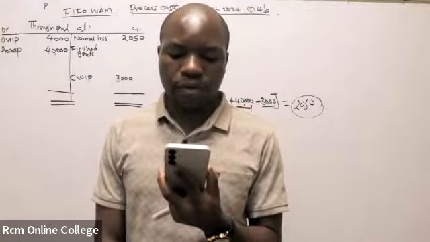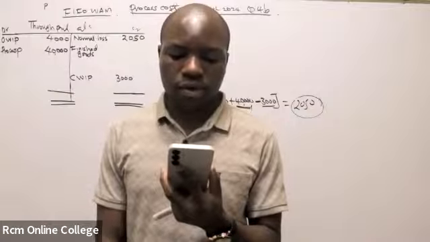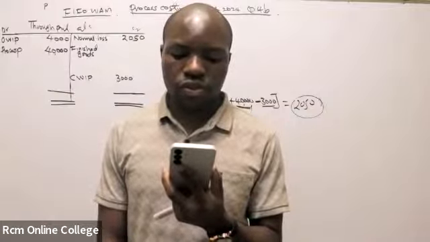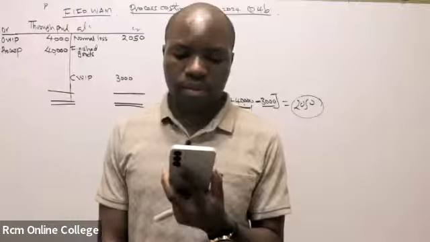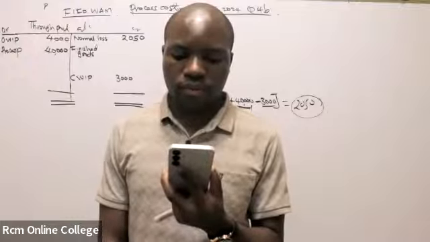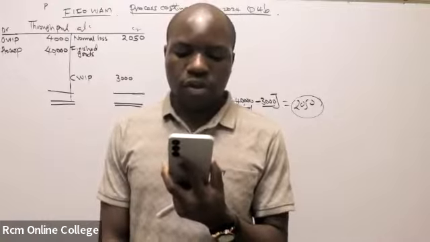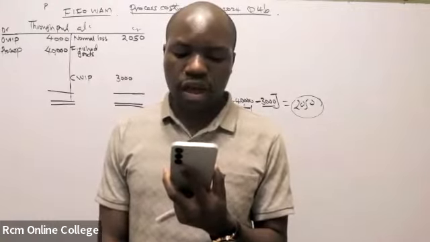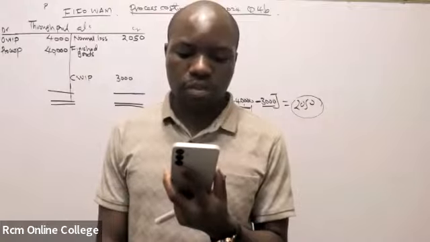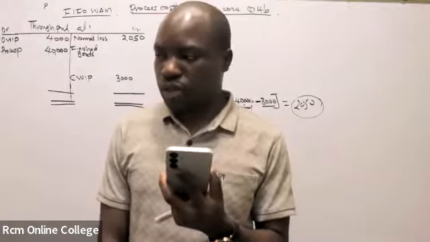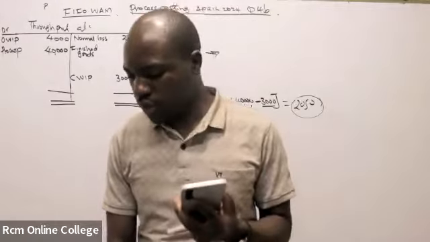Which additional information is giving you the finished goods figure? Note number 4: the closing work in progress was 3,000 units with the following degree of completion. The only thing I'm able to see there is closing work in progress.